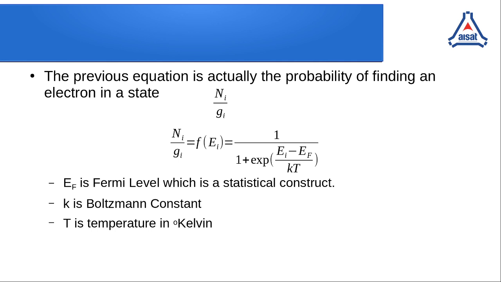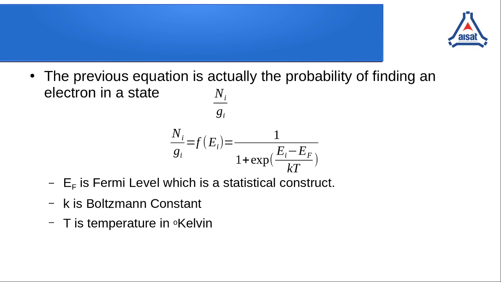Here small k is the Boltzmann's constant. We had discussed a different k in the E-k diagram, where I told that k is not Boltzmann's constant, but here in this probability equation this k is Boltzmann's constant, and as usual capital T is the temperature in degree Kelvin.